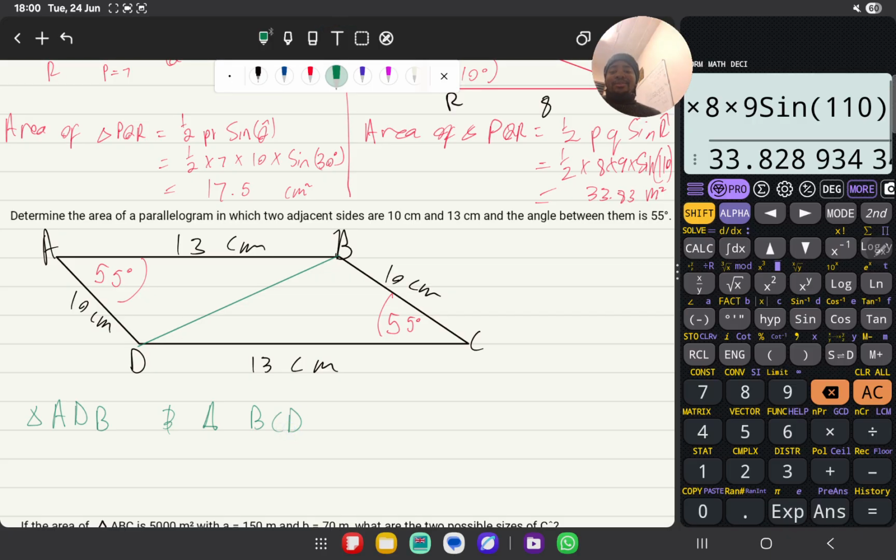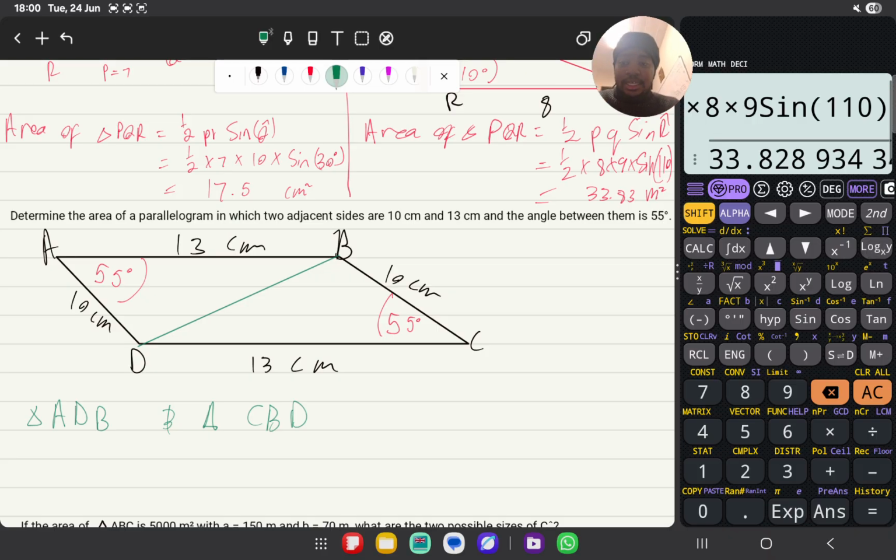Actually, CBD sounds really cool. We have these two triangles, triangle ADB and triangle CBD, and those two triangles are equal.